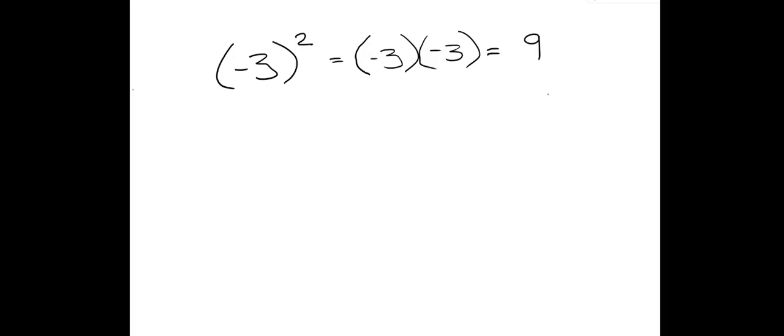Is that a positive 9 or a negative 9? Stop the video if you want to check. Remember, a negative number times a negative number is a positive number. So negative 3 squared is positive 9.